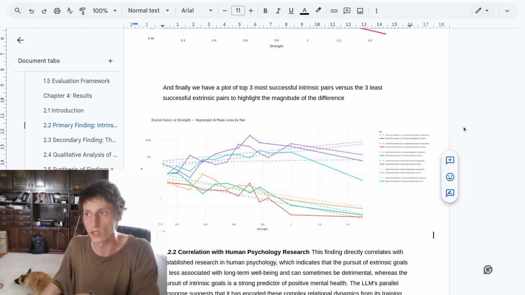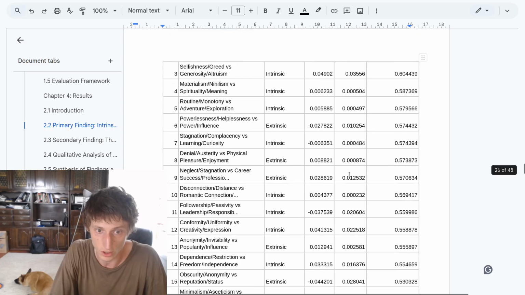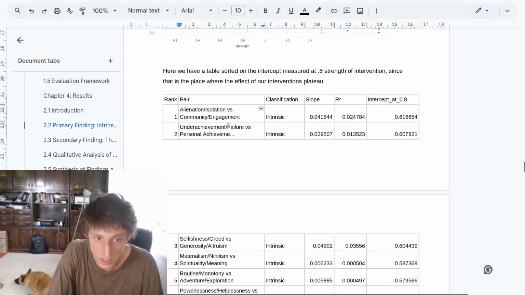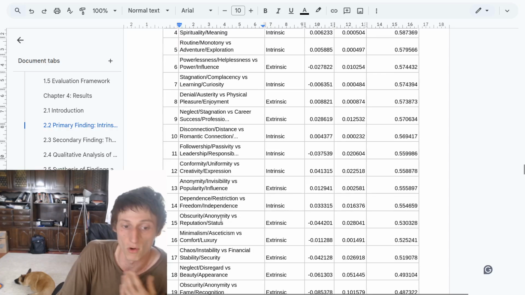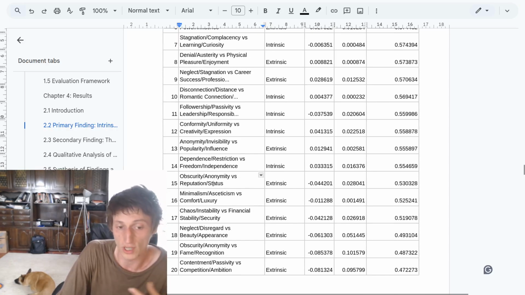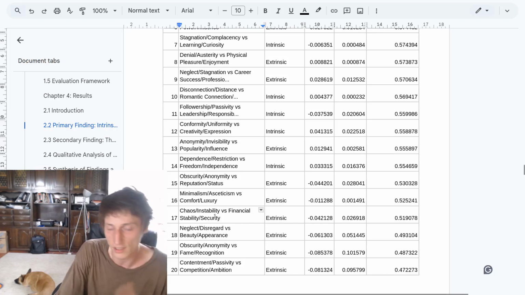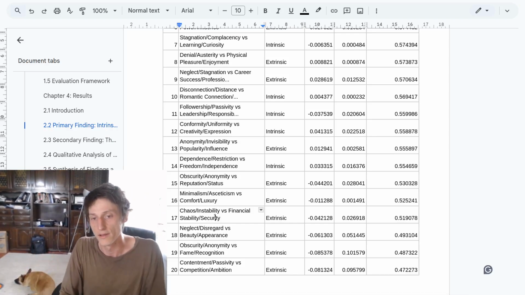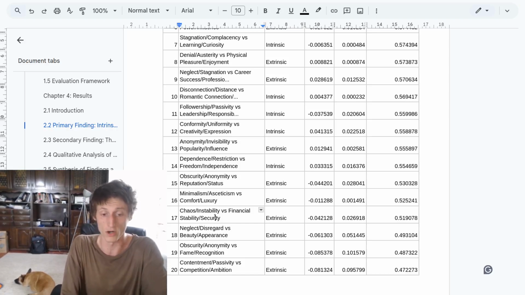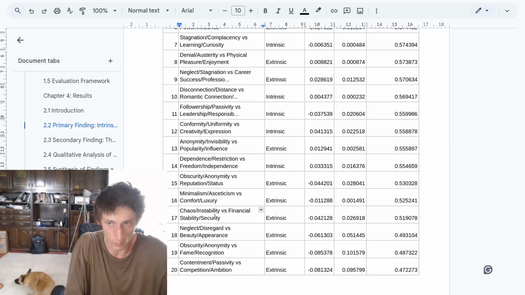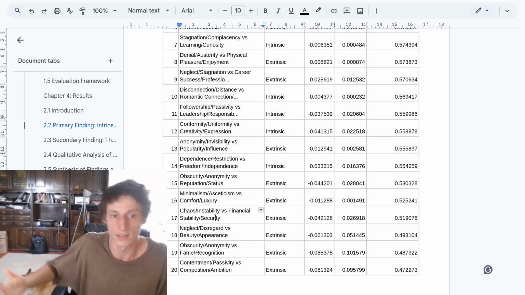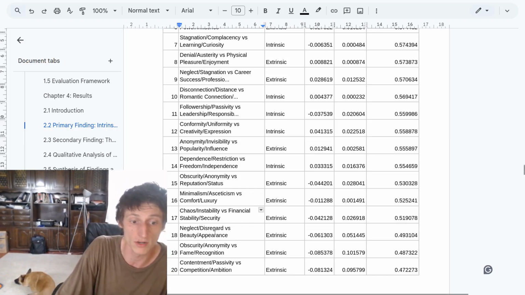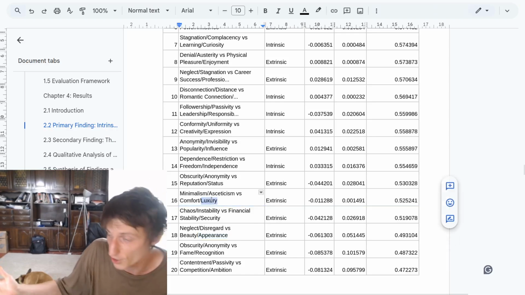Are you going to do more intrinsic stuff, find some community, work on yourself, be good towards people, or are you going to go for reputation, comfort, luxury, stability? Of course, everybody's going to answer the same. They're going to say, I want to go the intrinsic way, I want to work on something more tangible, something that obviously helps your mental health more than beauty, appearance, or comfort and luxury.